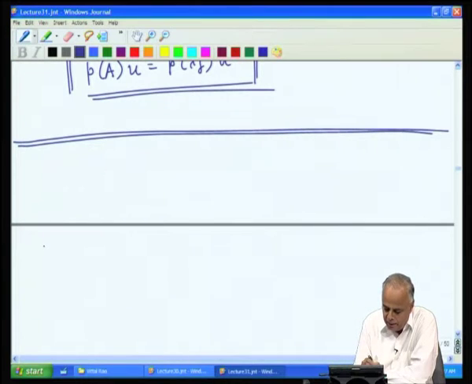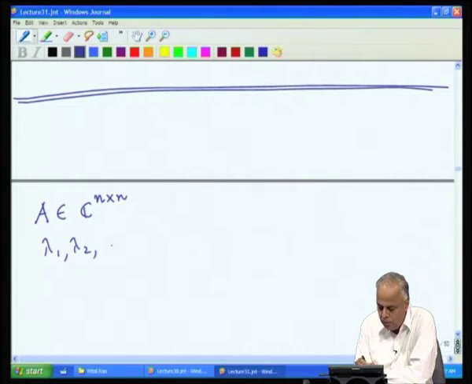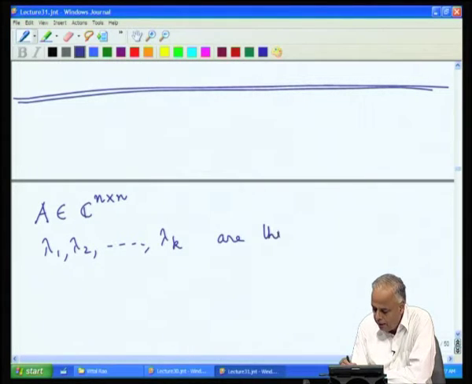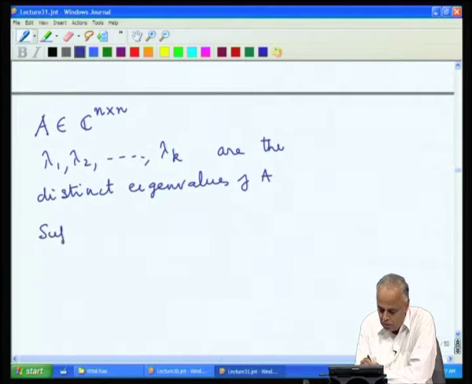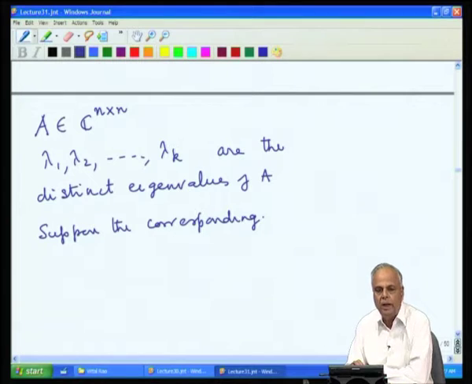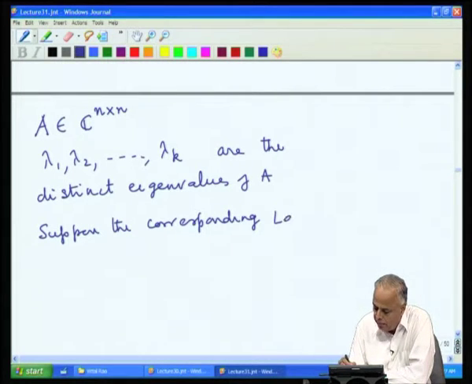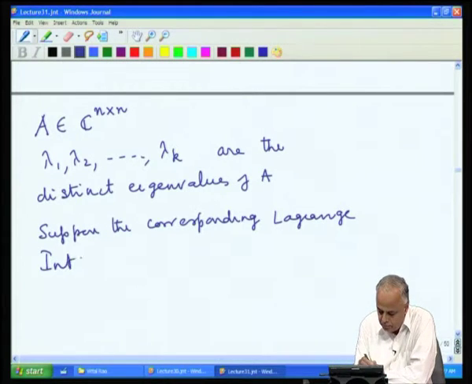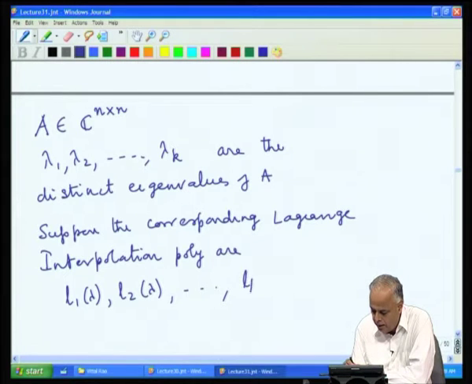Now let us look at a matrix A, and let us say λ₁, λ₂, ..., λ_k are the distinct eigenvalues of A. The moment we have distinct eigenvalues, we have seen we can construct the corresponding Lagrange interpolation polynomials L₁(λ), L₂(λ), etc., L_k(λ).